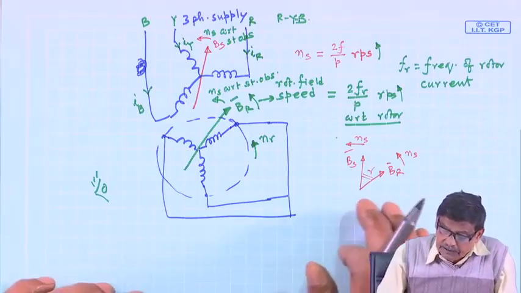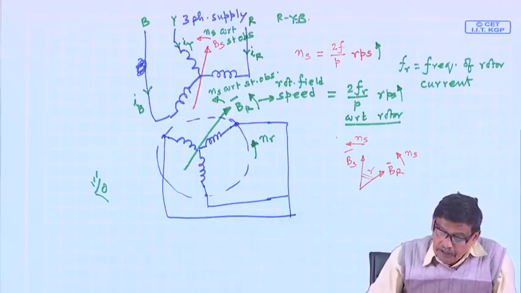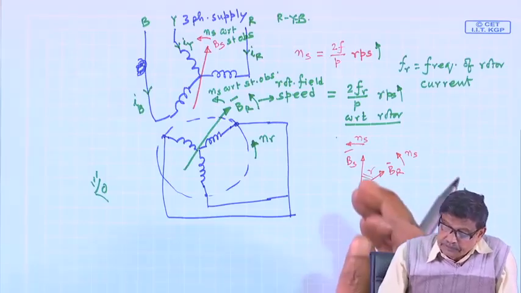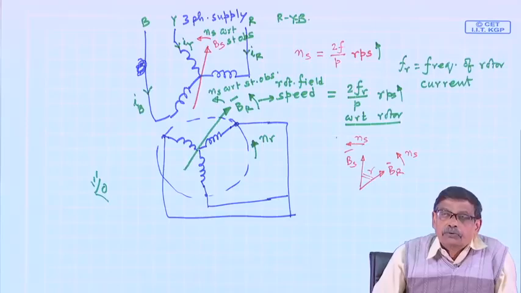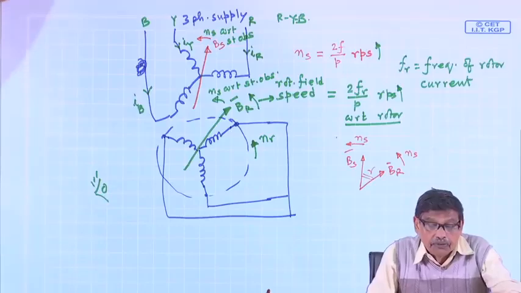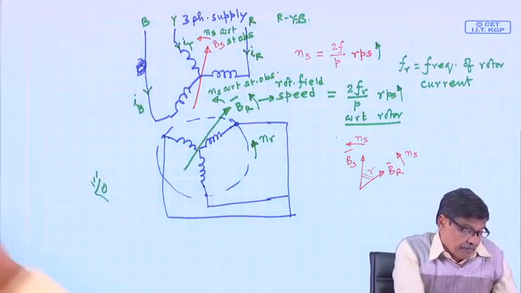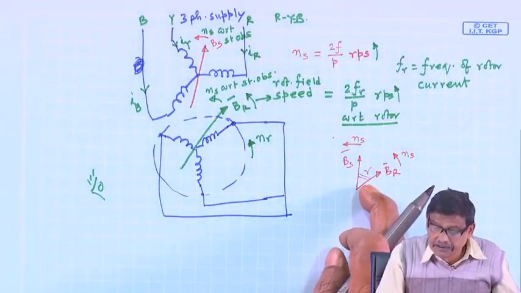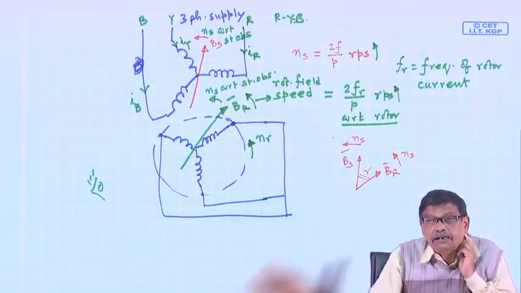That is how things will go, and we would expect the motor to develop some torque, because torque after all depends upon k Br Bs sin gamma, and gamma is not time varying.